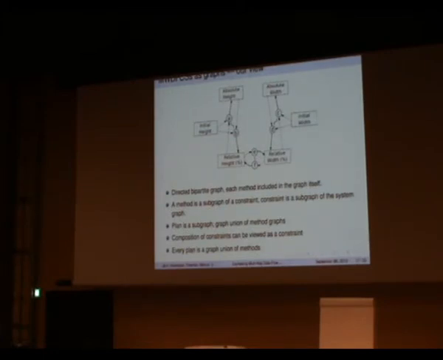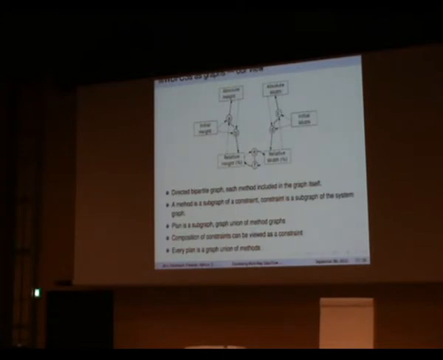If we compose constraints, we can still think of it the same way. Now we just have more variables, and instead of a method being a graph with just a single method node, it's a graph with 2 or more method nodes: any graph that is a valid plan.